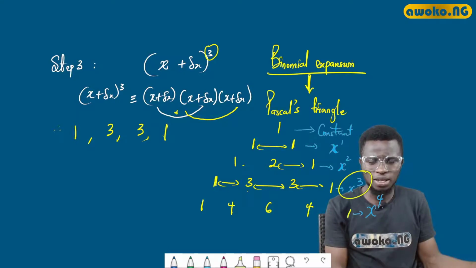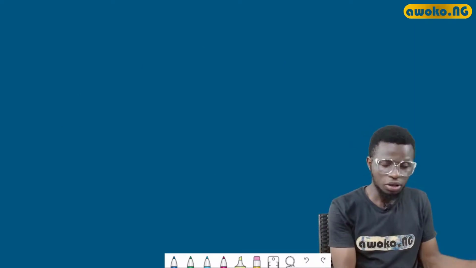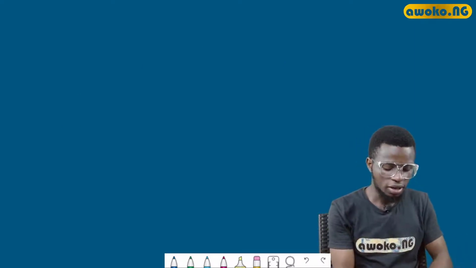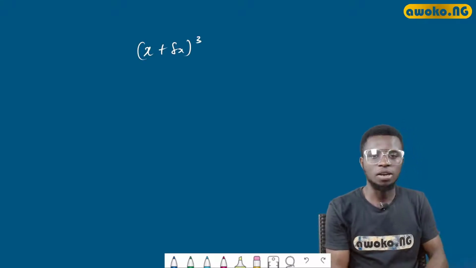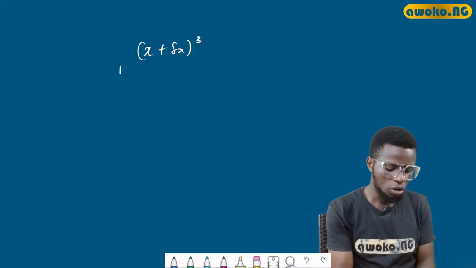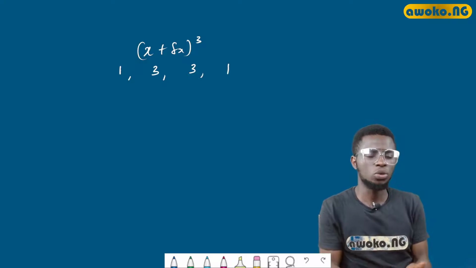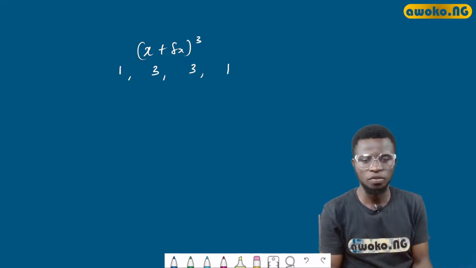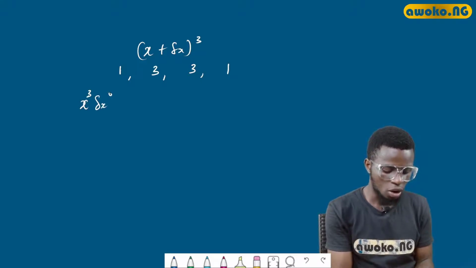How do we expand these further? Let us go to the next slide. Still under step 3, we have (x plus δx) raised to the power of 3. And from Pascal's triangle, we are told that the coefficients would become 1, 3, 3, and then 1. So if we want to expand (x plus δx) raised to the power of 3, this is how we'll do it. We'll take x raised to the power of 3, δx raised to the power of 0.